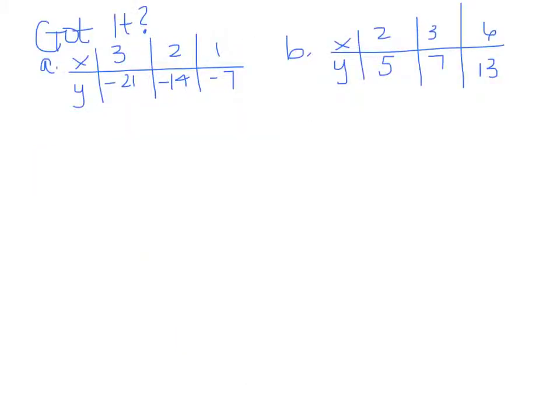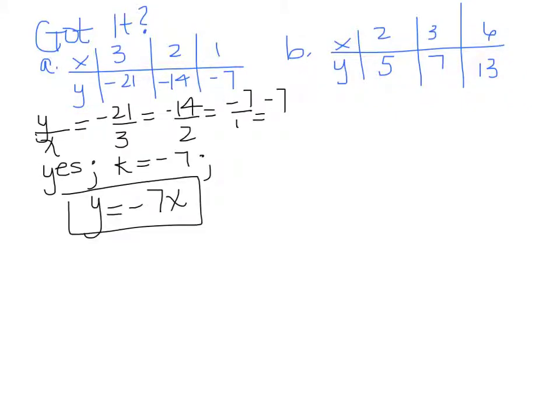Okay, try this guided example. For each function, determine whether y varies directly with x, and if so, what are the constant of variation and the function rule.